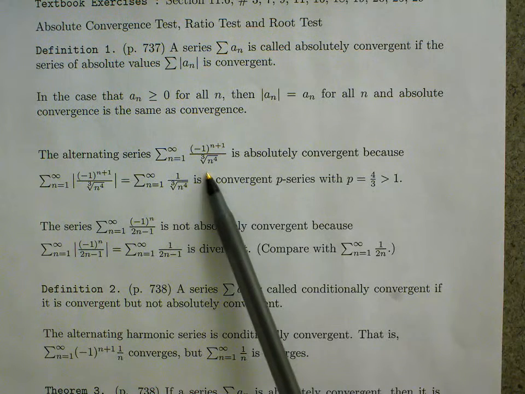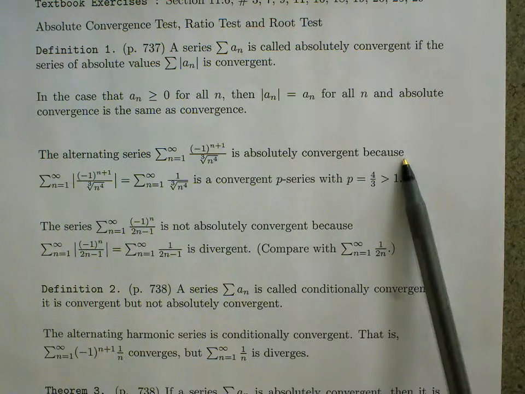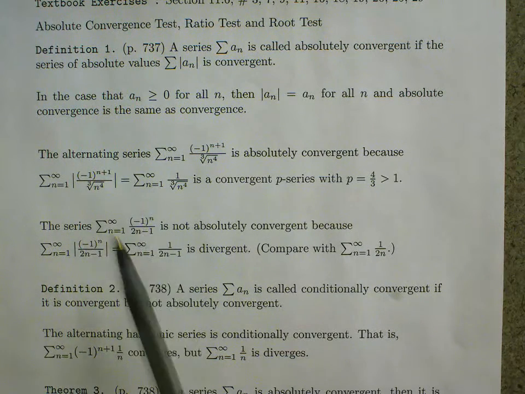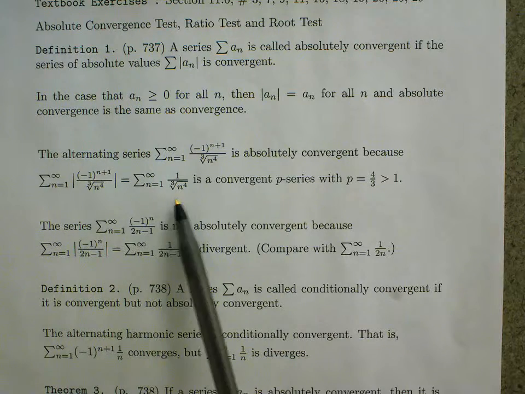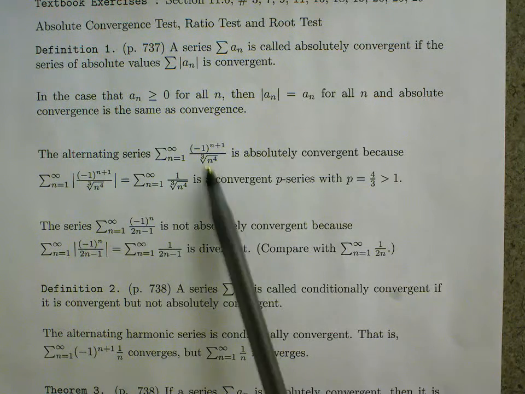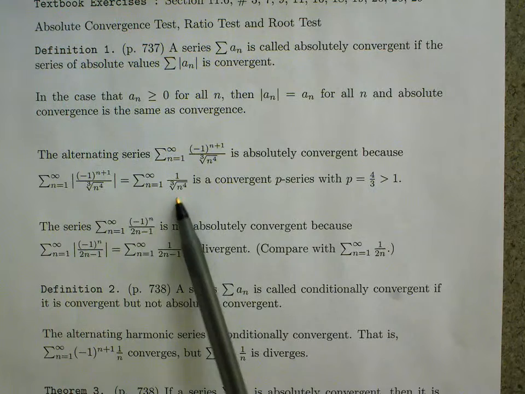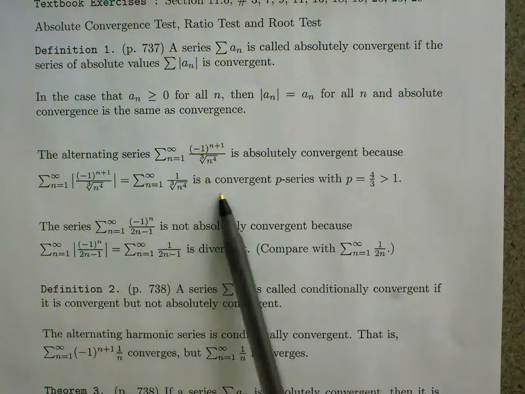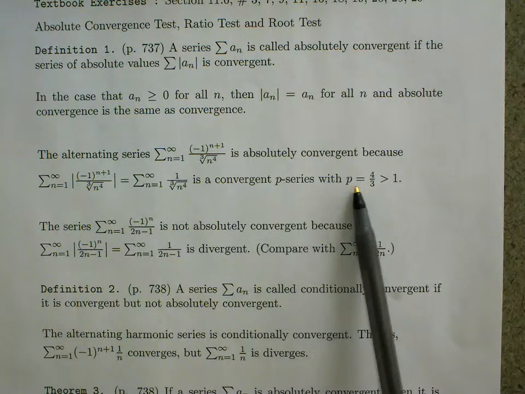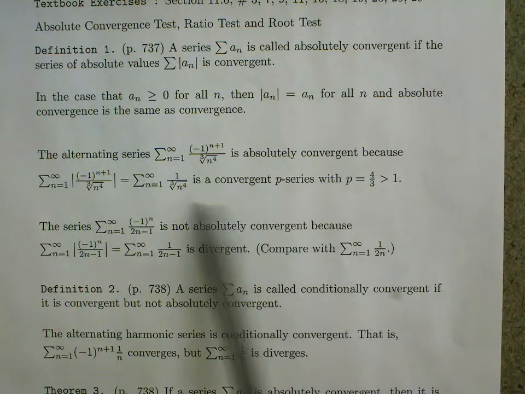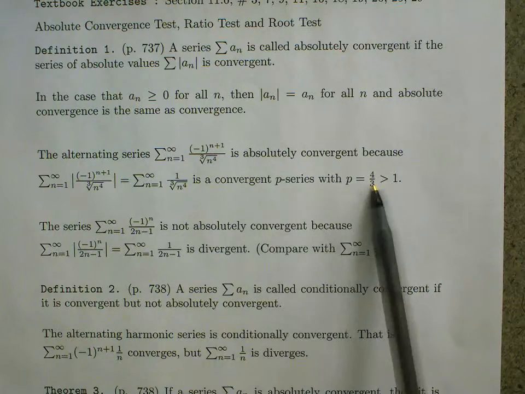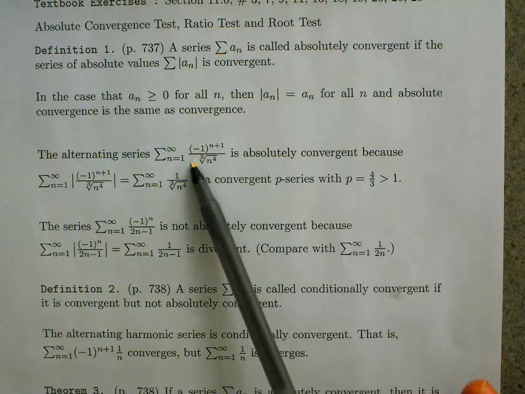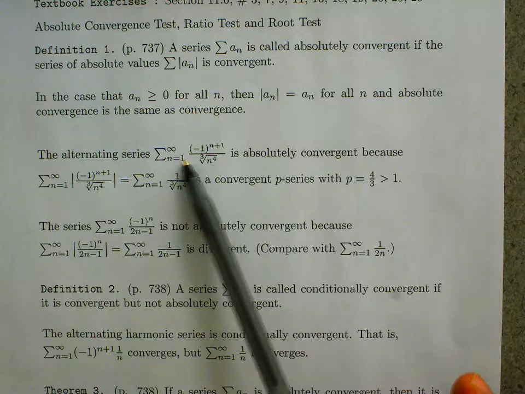This one is absolutely convergent because if we take the absolute value of the terms, we can ignore the negative 1 to the n plus 1 and just look at the series of 1 divided by the cube root of n to the 4th. We know that this series is convergent because it's a p-series with p equal to 4/3, and 4/3 is greater than 1. So this original series is absolutely convergent.